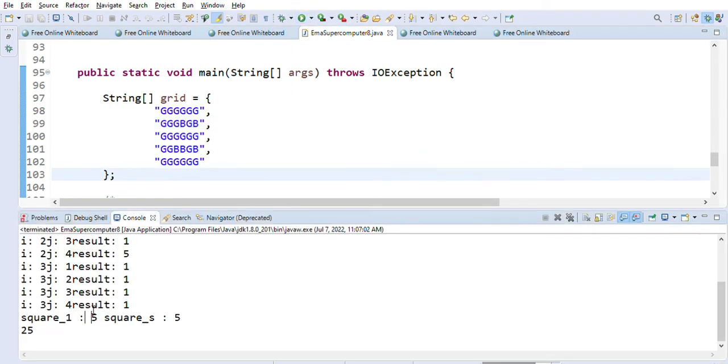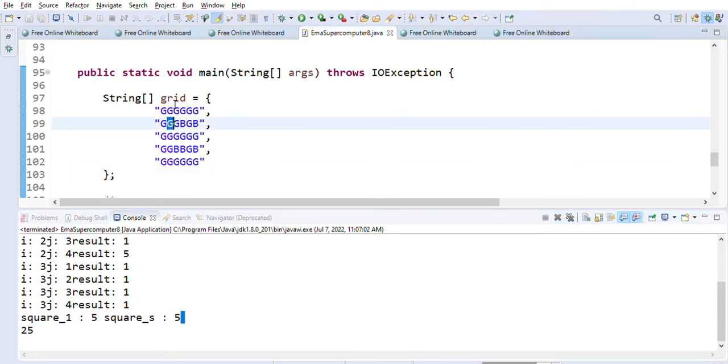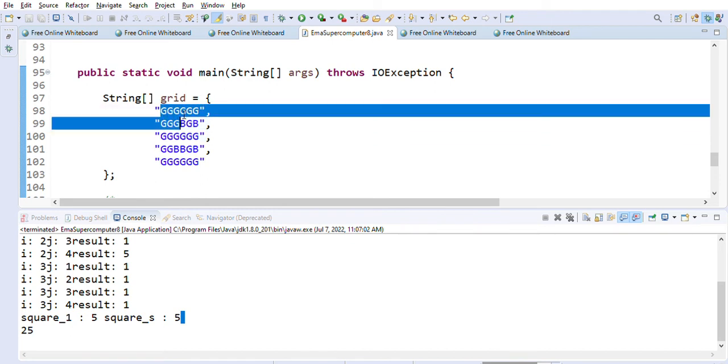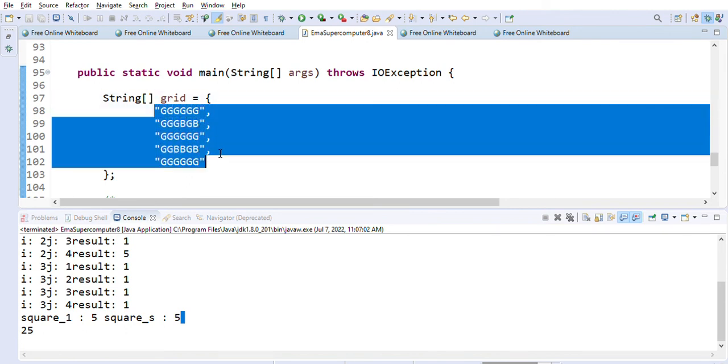So now, as we know, we have two plus signs of 5 size, right? So total area will be 25. Why 25? On this G you will see this G, G, G, G and G, right? So this is total. Let me copy this so I can easily show you on a whiteboard here.